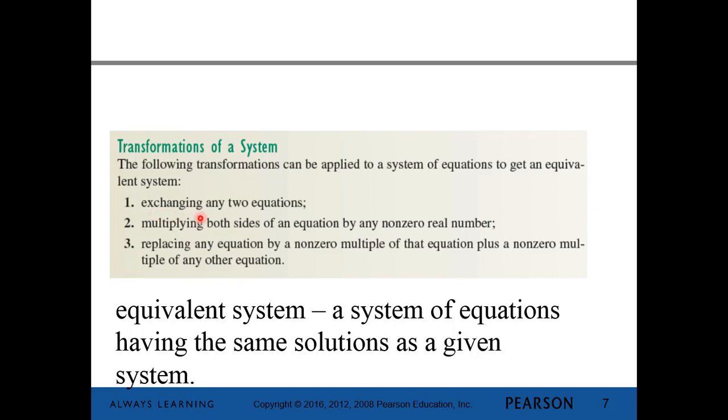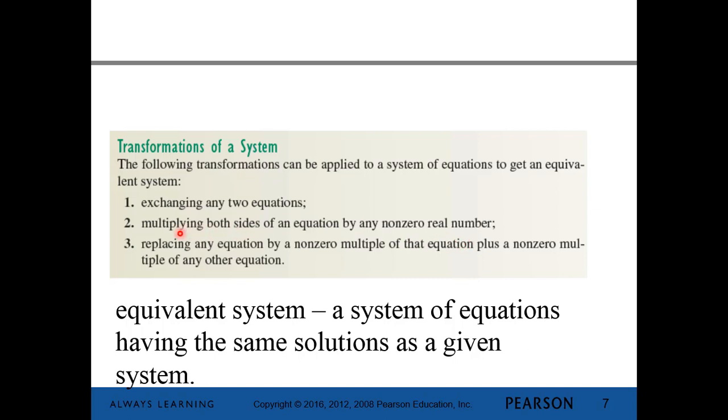Well, one, we can exchange any two equations. We can switch any two equations in the system and it won't change anything. Two, we can multiply both sides of an equation by a non-zero real number, and that will not change the solution to the system.